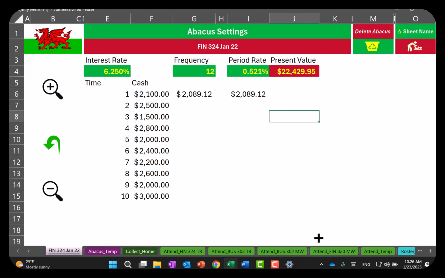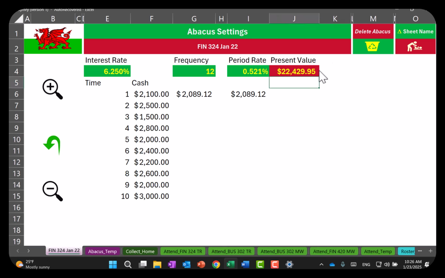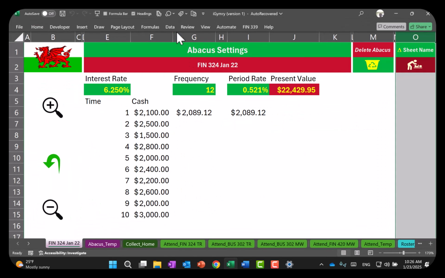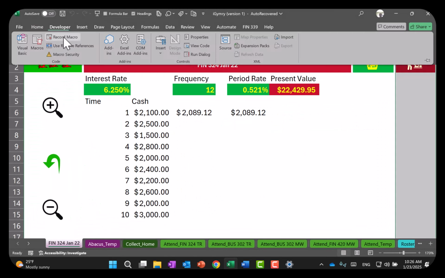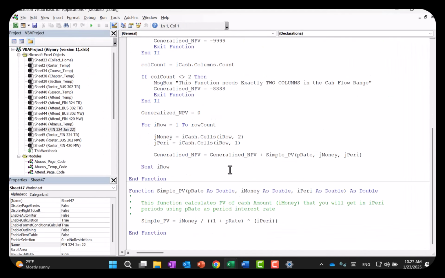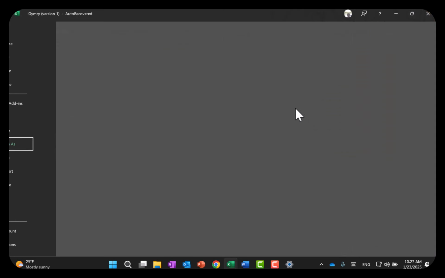What happened to this? Did I lose my spreadsheet? Something weird happened. Oh no, it's there. Thank you. Let's save it anyway.